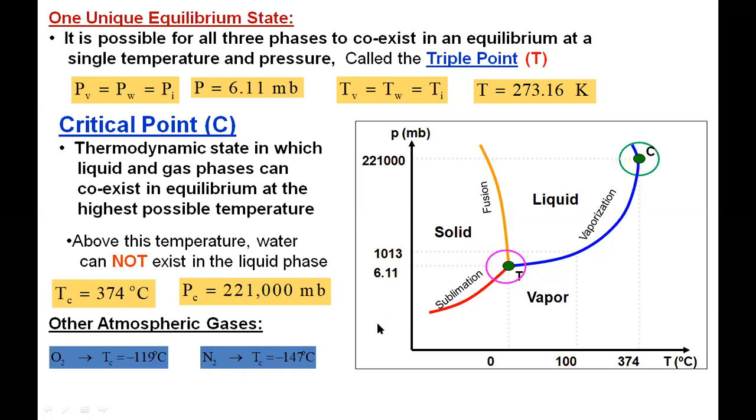Other atmospheric gases like oxygen O2 Tc equals minus 119 Celsius, and N2 TC للنيتروجين ناقص 147 سلسيوس.